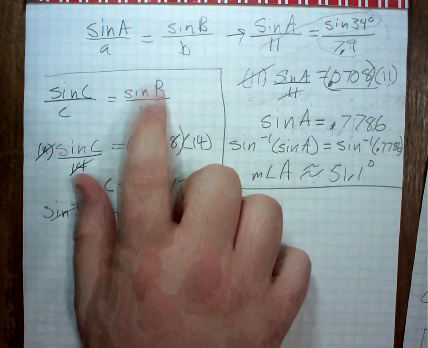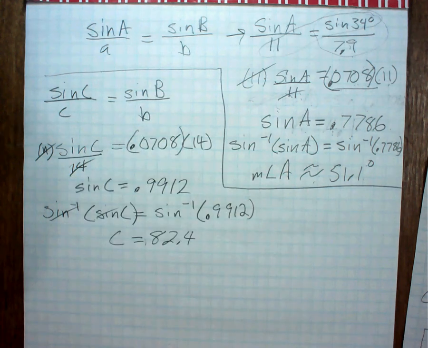Let me double check this again. It should be the same. Oh, yeah, let me double check. So I'm going to say sine of 34 degrees divided by 7.9.